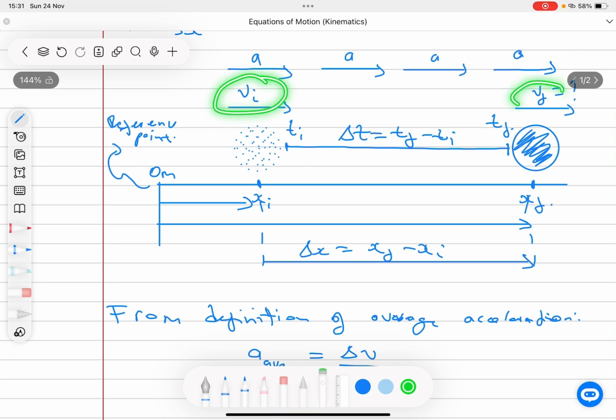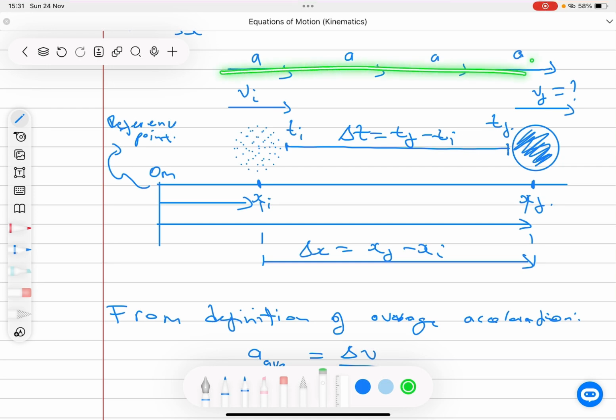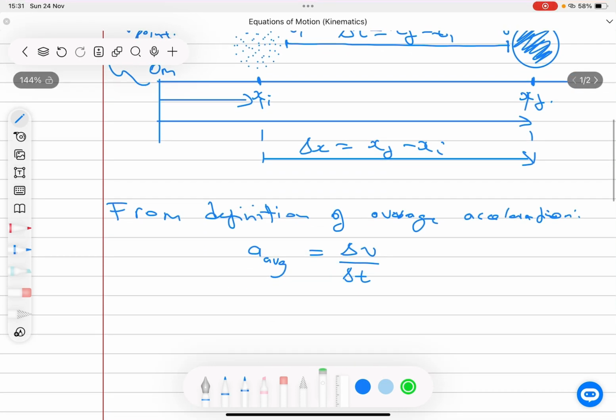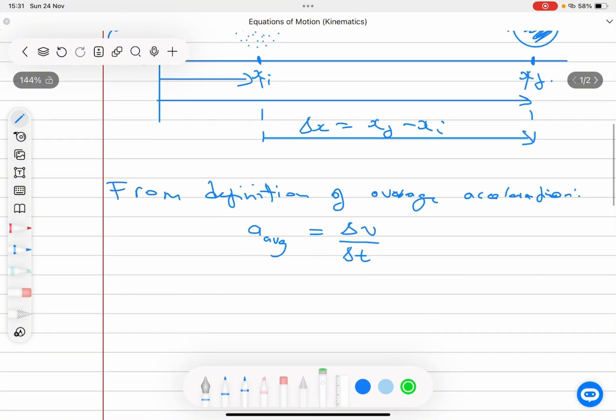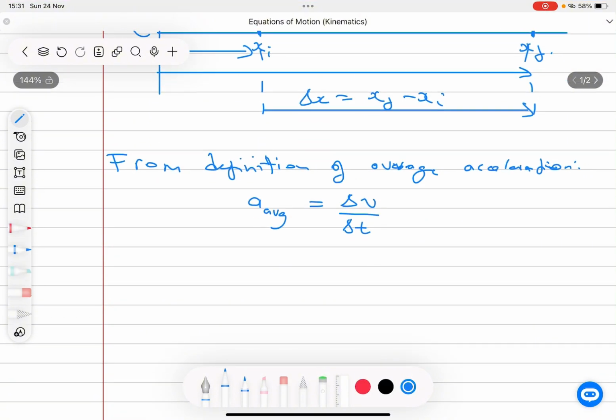So we're saying here, because I can see that my velocity will change from vi to vf, if I find the difference between the two, v final minus v initial, and divide by the total time, that will give me the average acceleration that the object has as it moves along that straight path.